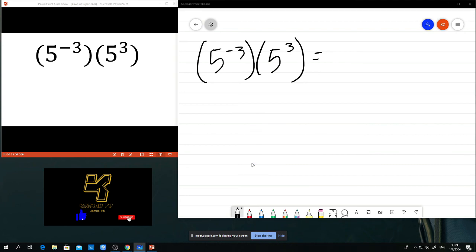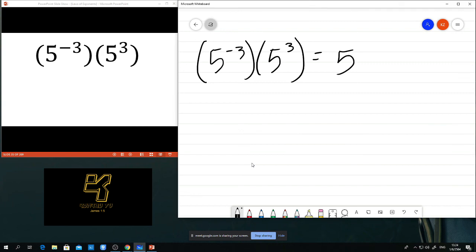Remember law number 2, right? We have the same base, so we have negative 3 plus 3. Same base, multiplication, we add the exponents. So negative 3 plus 3 is 0. 5 power of 0 is equal to 1.